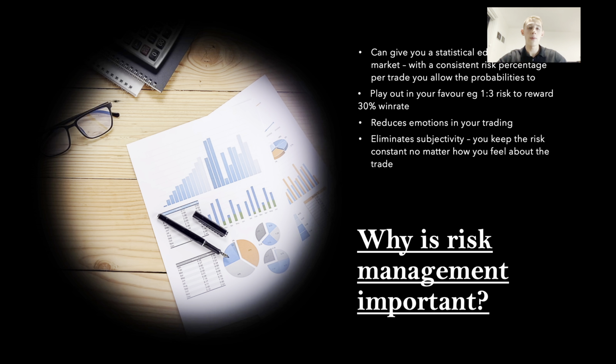For example, if we have, say, a 1-to-3 risk to reward ratio per trade that we take, that means that if we are risking 1%, the maximum amount we can lose on that trade is 1% of our account, but the potential reward or the potential gain per trade that we take is 3%. This means that we only have to have a 30% win rate in order to become profitable.